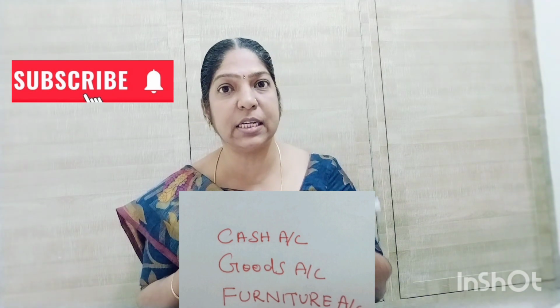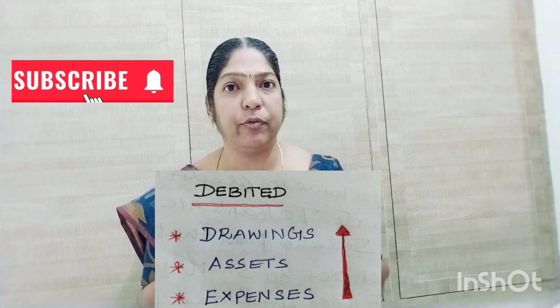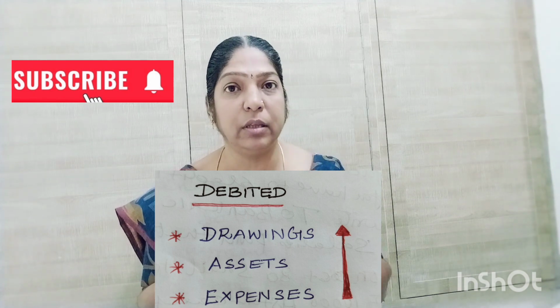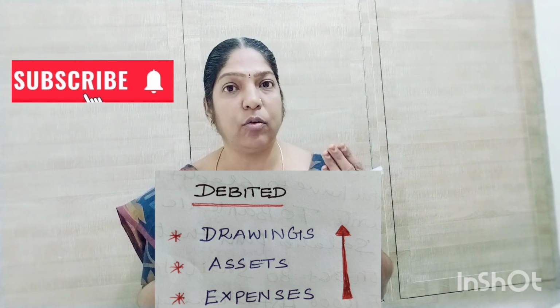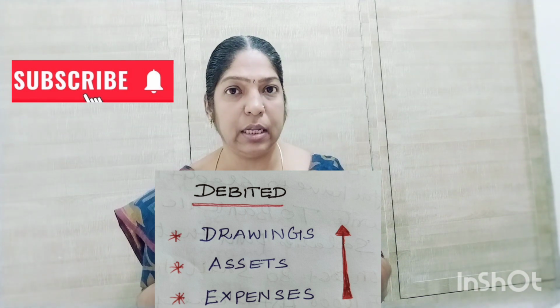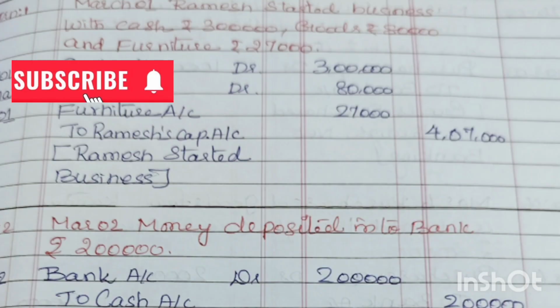So Ramesh's assets will increase, because cash, goods and furniture all come under asset accounts. If an asset account increases, we have to debit the asset account. So cash account debit 3 lakhs, goods account debit 80,000 and furniture account debit 27,000.